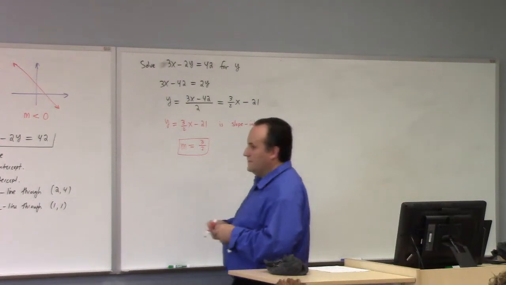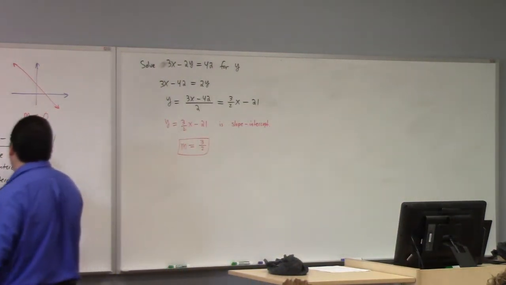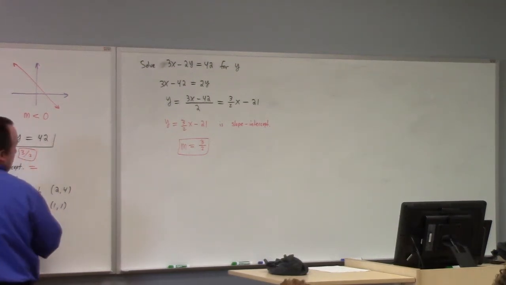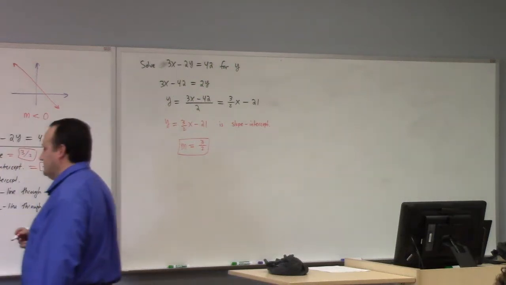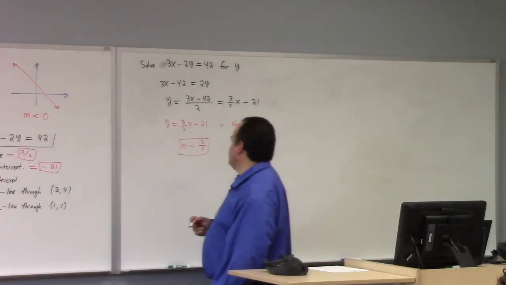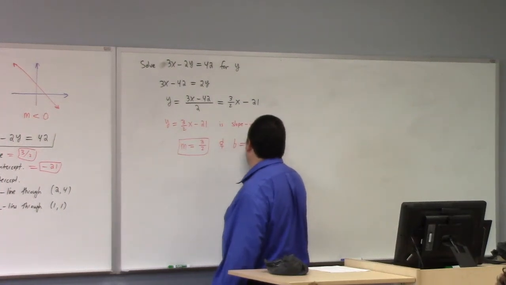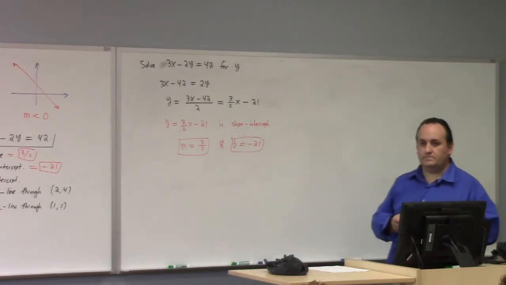So there's your slope. What's the y-intercept? The y-intercept here is minus 21, right? I'm just getting that from looking at the equation above.